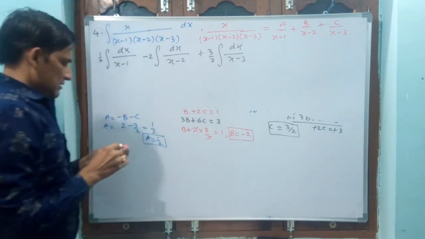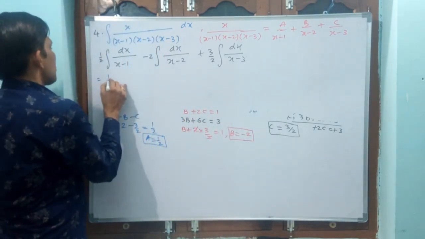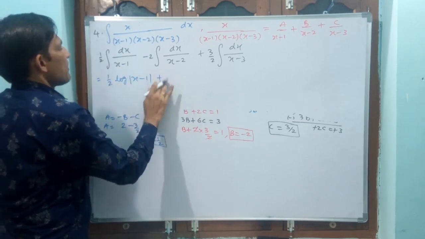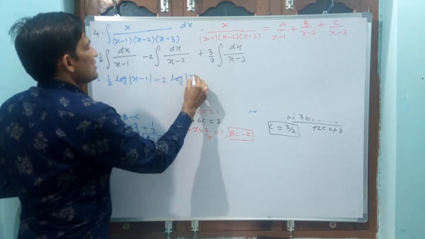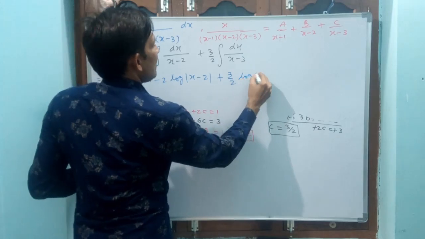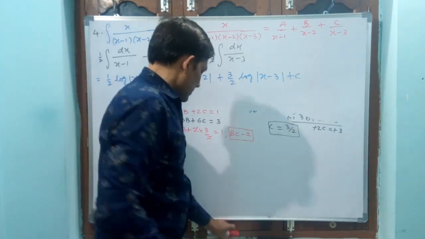Then proceed further, that is equal to 1 by 2 log of x minus 1, minus 2 log of x minus 2, plus 3 by 2 log of x minus 3, plus c.